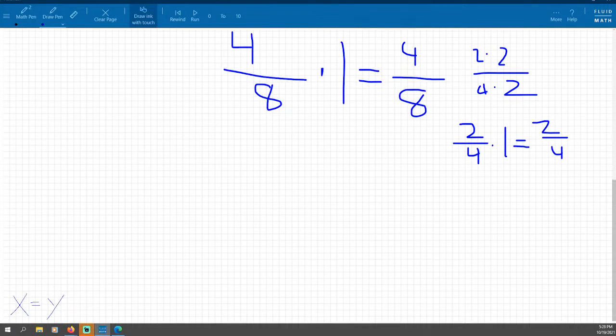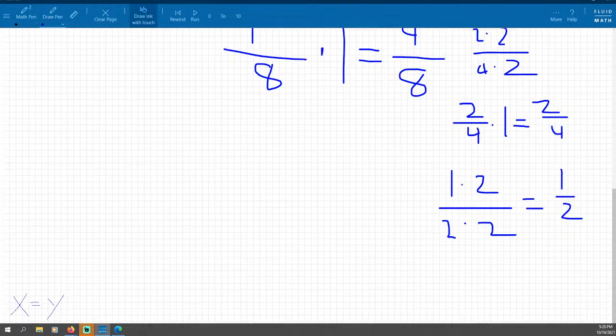Then a common factor in all of this is 2 once again. So we would have 1 times 2 over 2 times 2. That part's equal to 1 because it's factor over the same factor. So we're left with the 1/2.